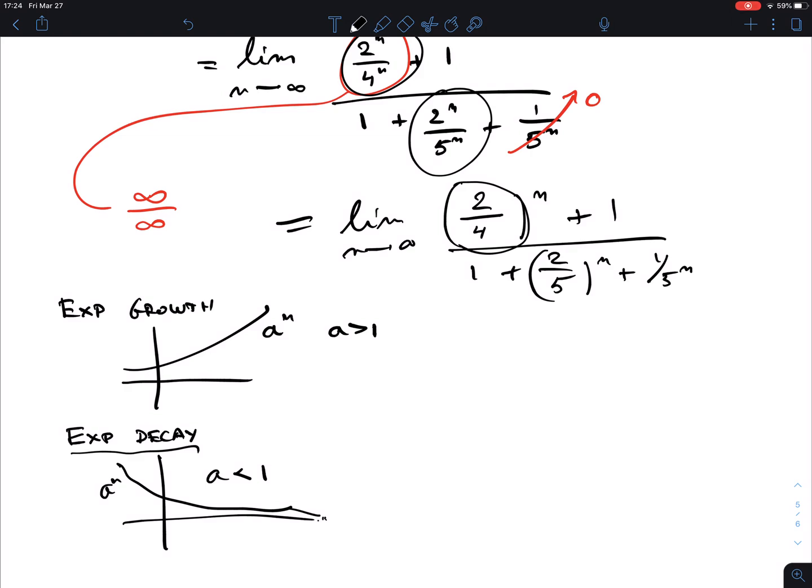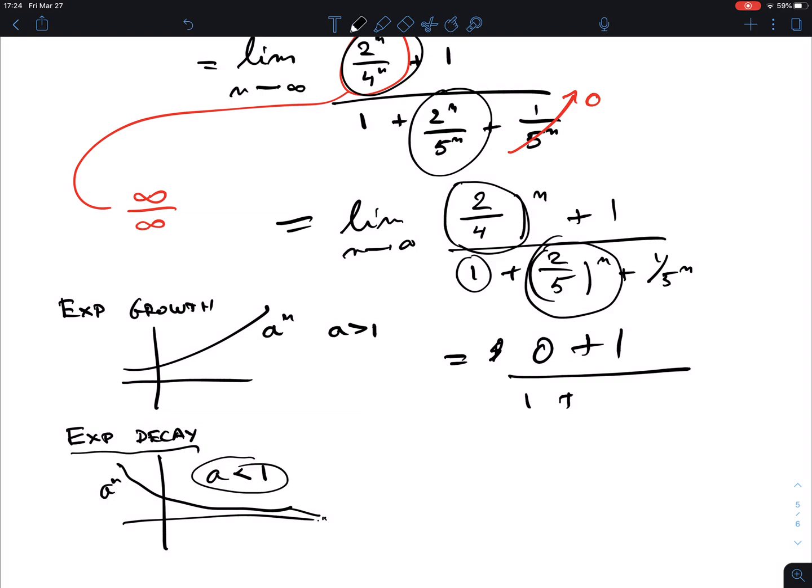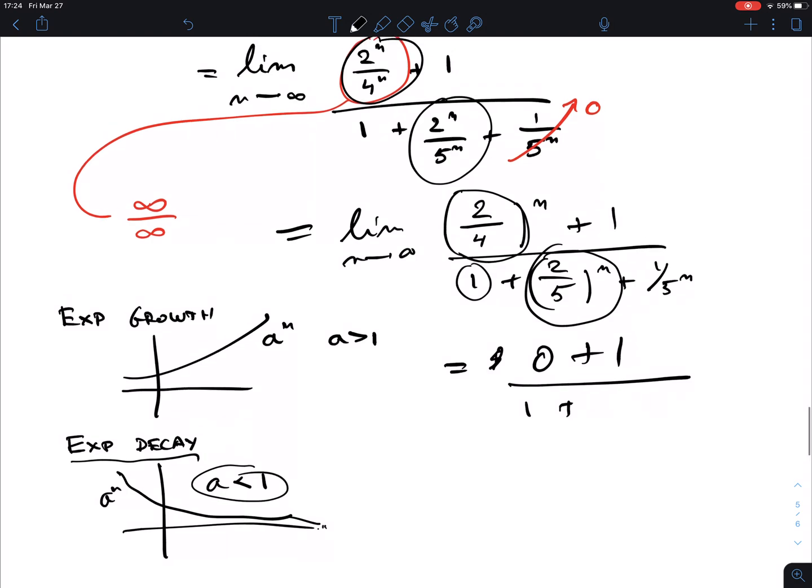So that's why we can say this limit is equal to 0 plus 1, this is the 1 here, plus, now this one again has a base smaller than 1, and therefore this gives me 0 again. And we already argued that the last term is also 0. Therefore the answer is 1, and what matters is that it's not 0 and it's not infinity.